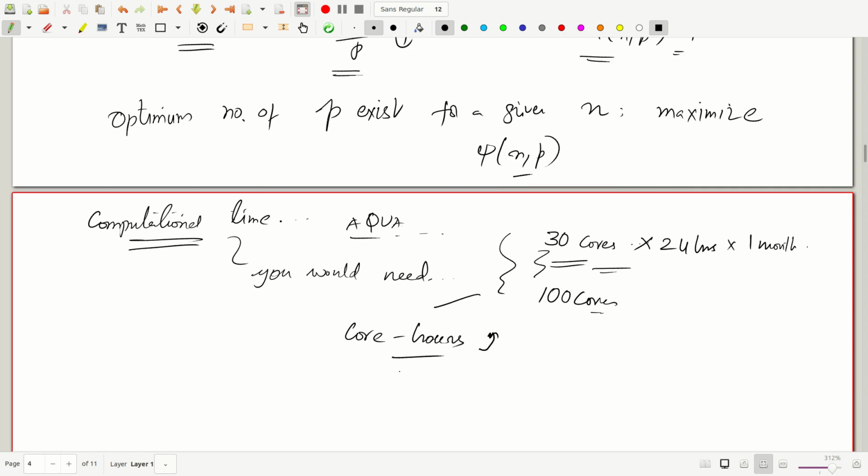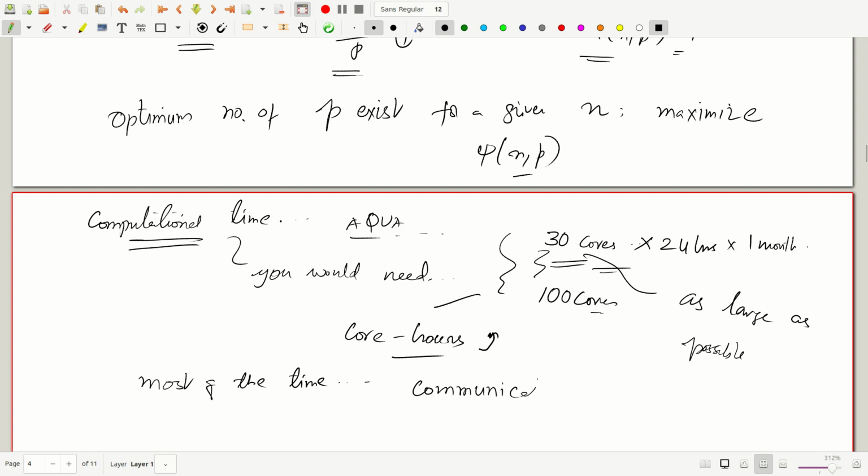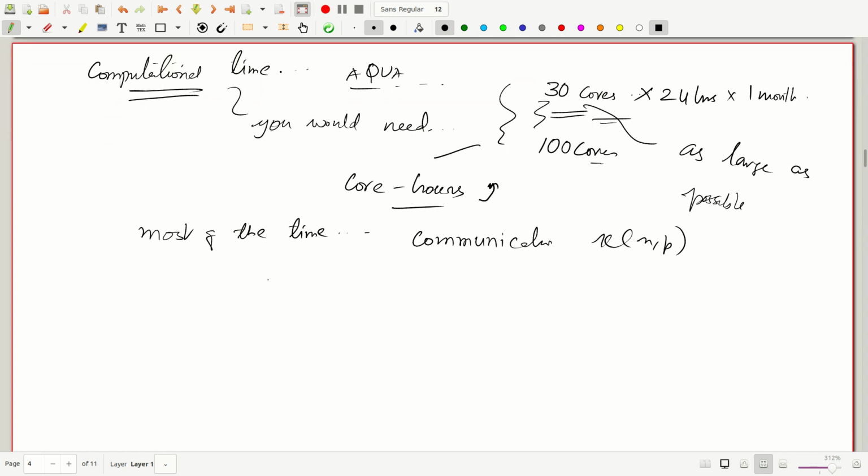Now, how would you decide how many processes you have to use for your particular program? You cannot just give as large a number as possible, because as we have just discussed, if you give a large number of processes, most of the time on the cluster or the big machine would be spent in communication, because κ(n,p) would be larger, rather than in the actual computation.